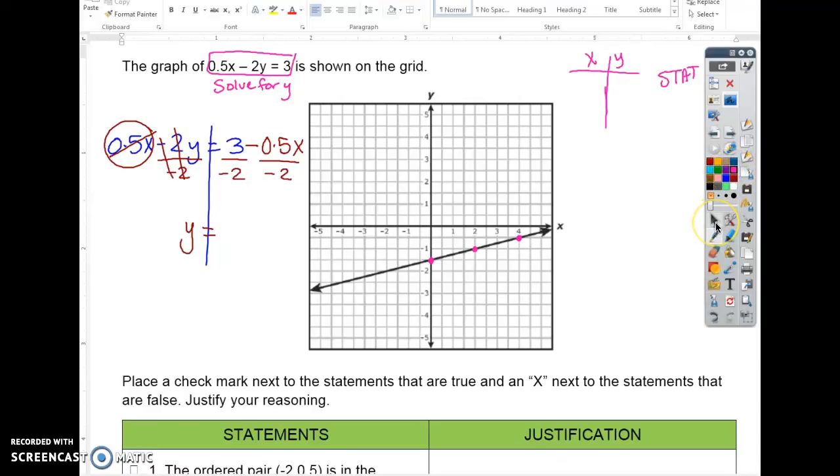And we're going to put these numbers in the calculator. So 3 divided by negative 2, enter. And negative 0.5 divided by negative 2, enter.